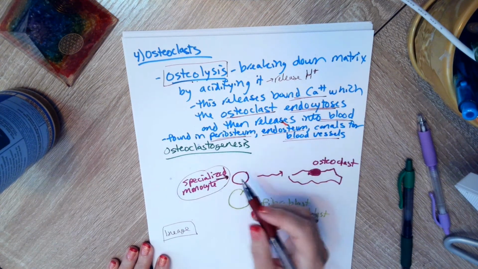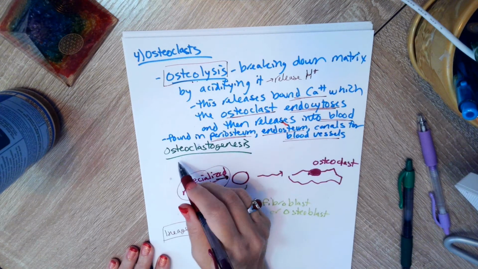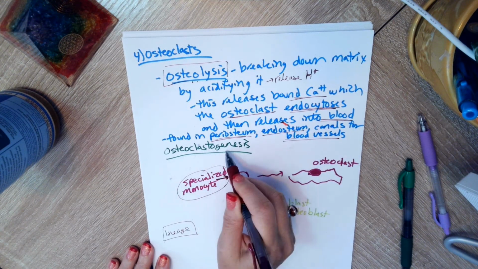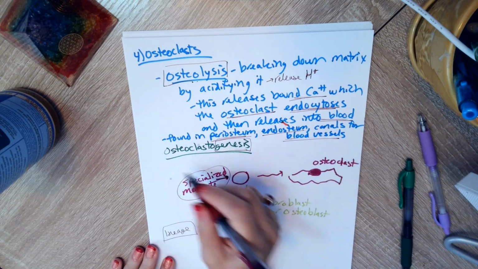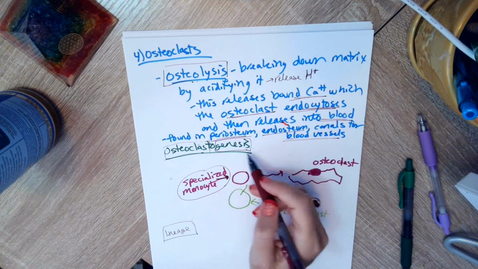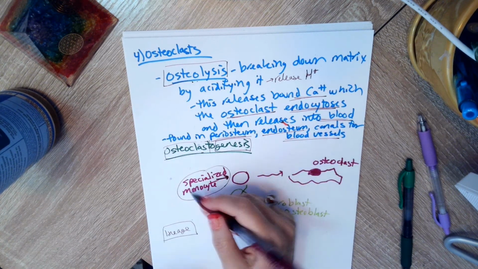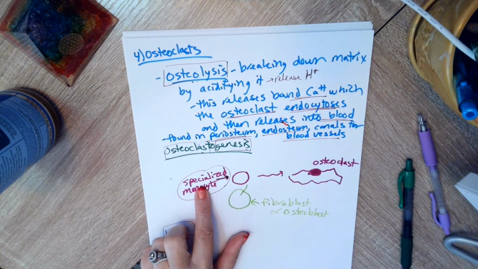So the process of how you take the specialized monocyte and turn it into an osteoclast is called osteoclastogenesis. Genesis means the beginning of something. Osteoclast means osteoclast. So the beginning of the osteoclast, osteoclastogenesis. So how does this work? Here's our specialized monocyte.